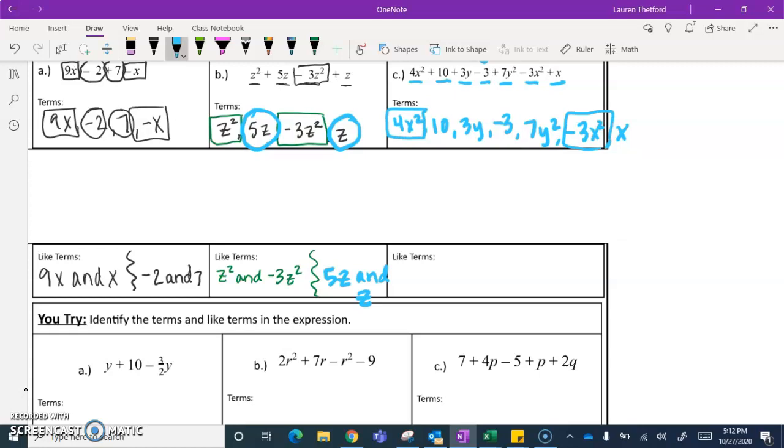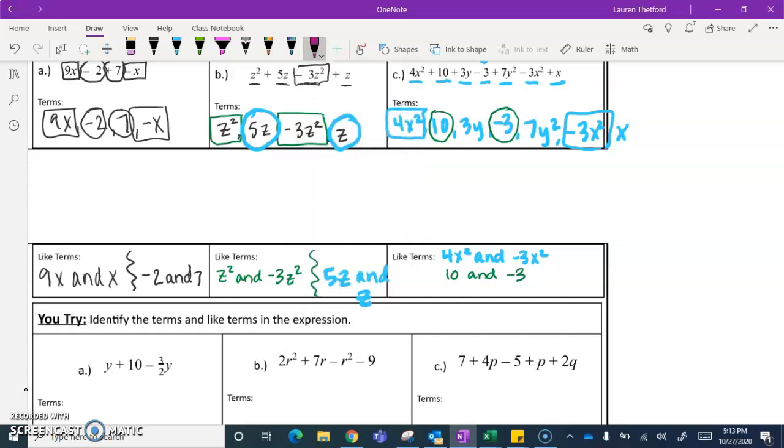They both have an x squared. Anything without a variable is a like term. So we have 10 and we have negative 3. Now these are not alike to each other, that's why I'm using different colors.